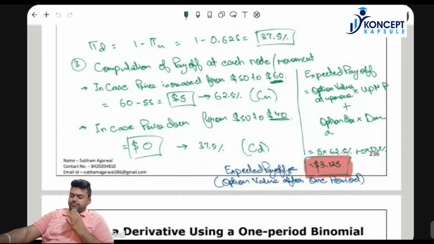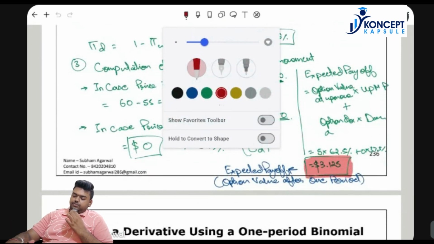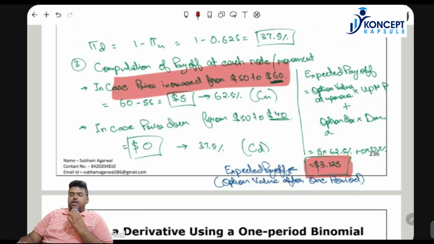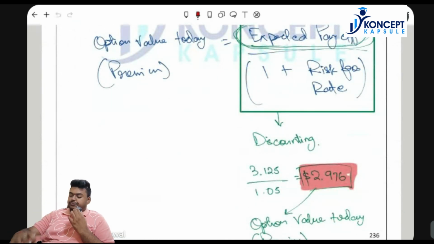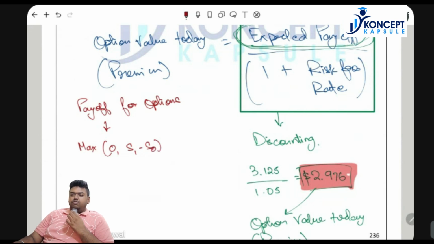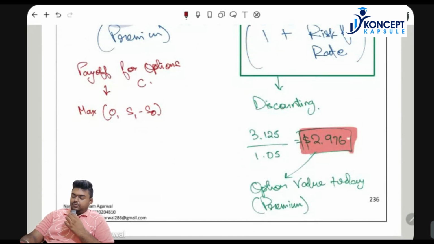So, for example, when we were talking about payoff, if you have seen the book, the payoff for a call option is given as maximum of 0, comma S1 minus S0.